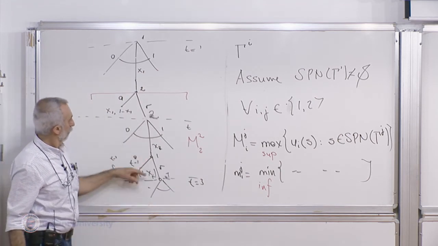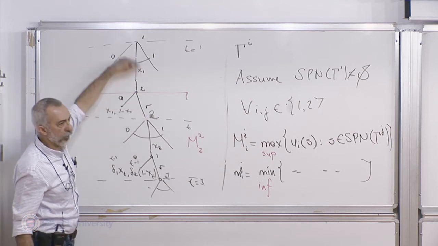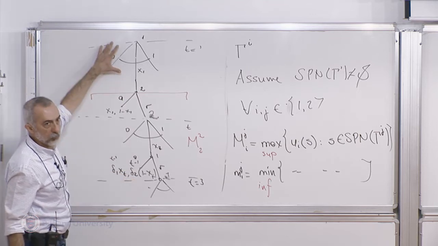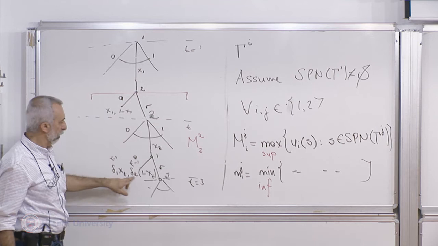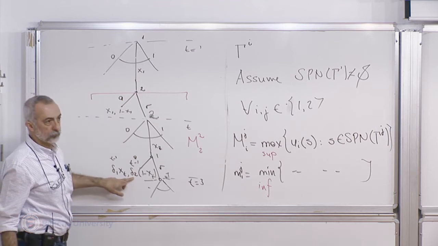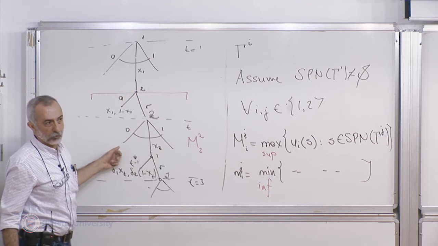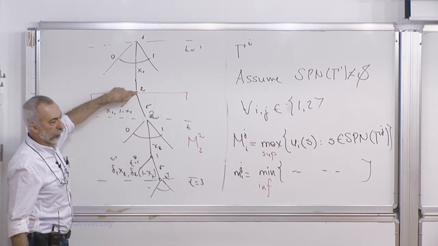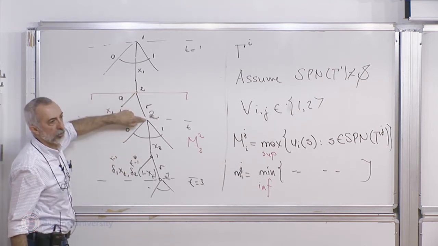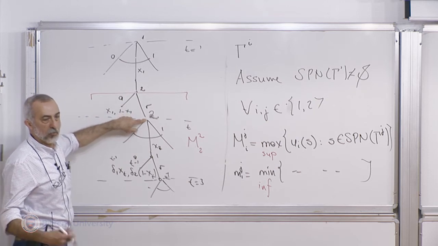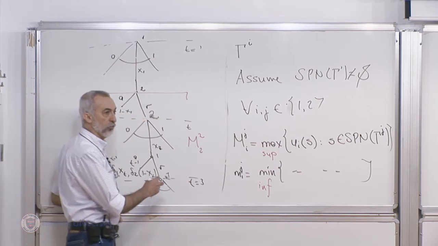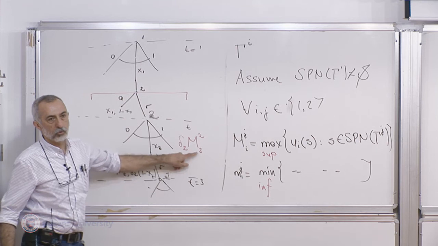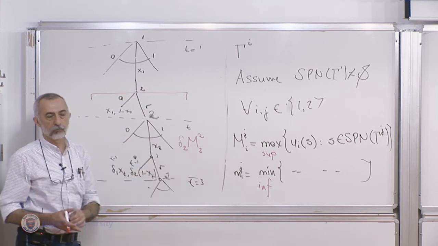But of course, this is the original game. They have the same preferences, but you take this game and multiply all the payoffs of player 2 by delta 2. That's how you obtain the numeric representation of this game. So when he's looking at this point, when he says, if I reject, the maximum payoff I can expect from this point on is going to be delta 2 M_22. Right?